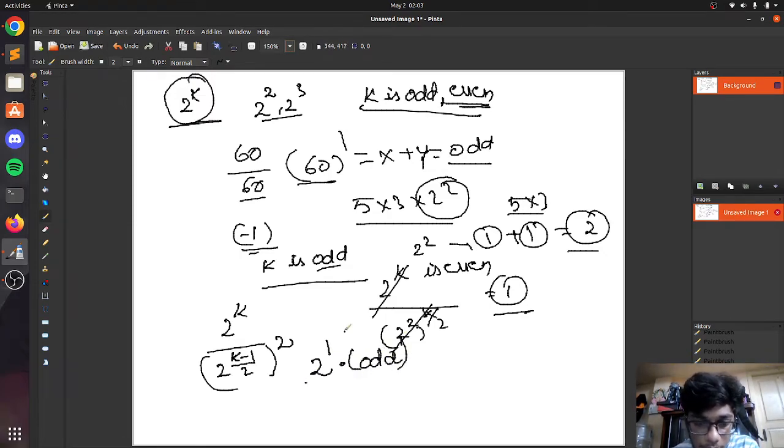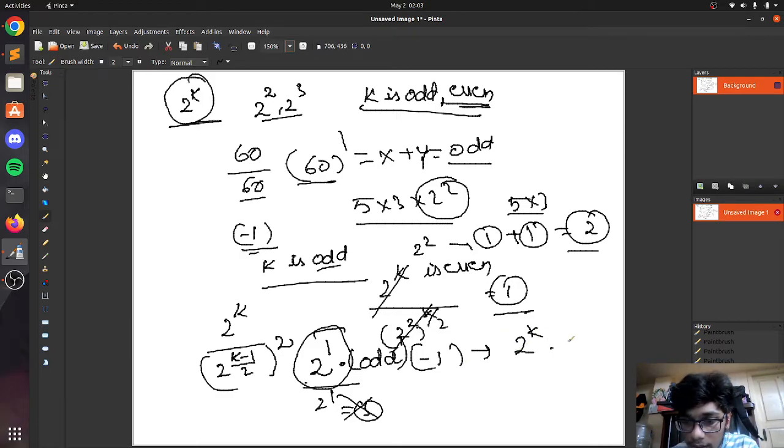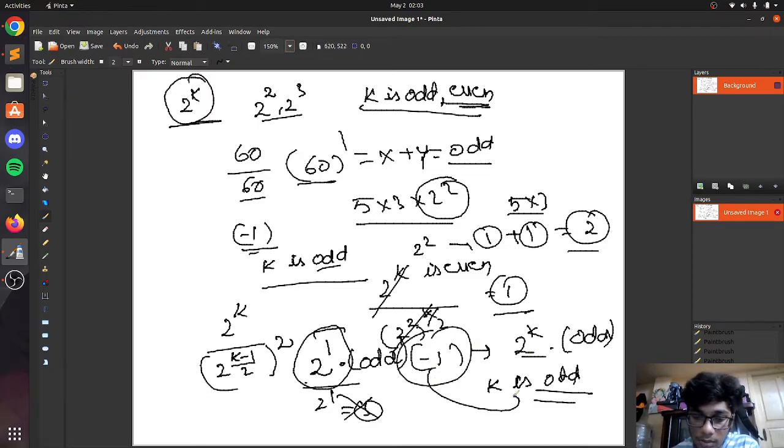So you can't remove this odd, because 2 power 1 means it will be 3, and so it's not possible. So the values for which it will print -1 are 2 power k into some factorization, and if k is odd, then this is the only case in which the answer will be -1.